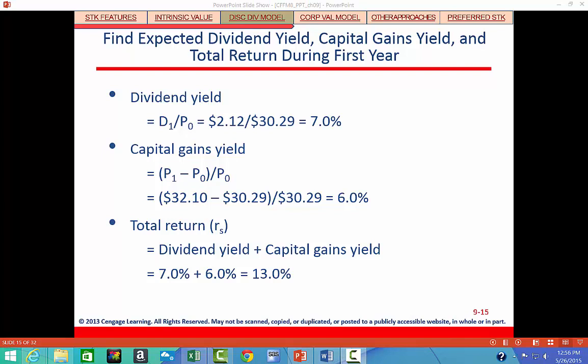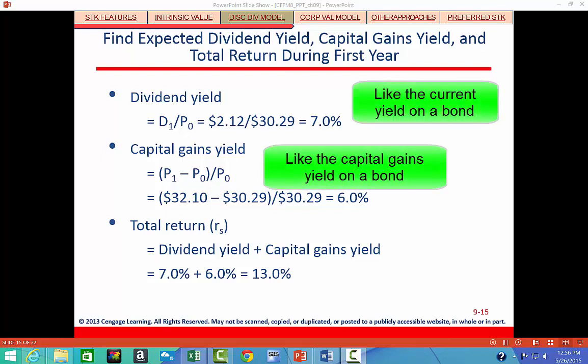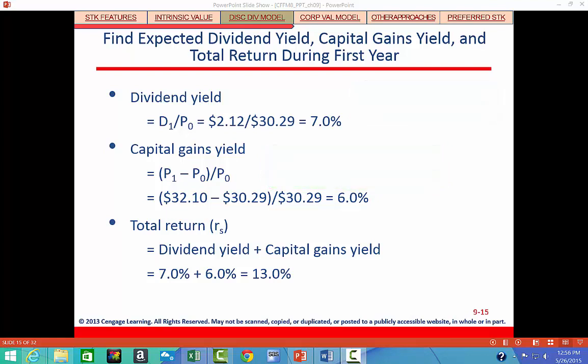Remember from the bond chapter how we had the total return for the bond was made up of a current yield plus a capital gains yield. And I mentioned dividends back then. Well, now we're talking about this in the same way, but just talking about a stock. So a stock has two components of return, a dividend yield and a capital gains yield. If the stock doesn't pay dividends, then the total return is just going to be a capital gains yield.